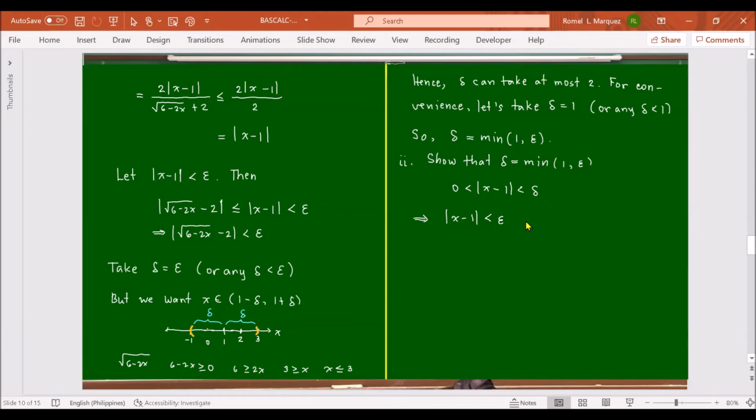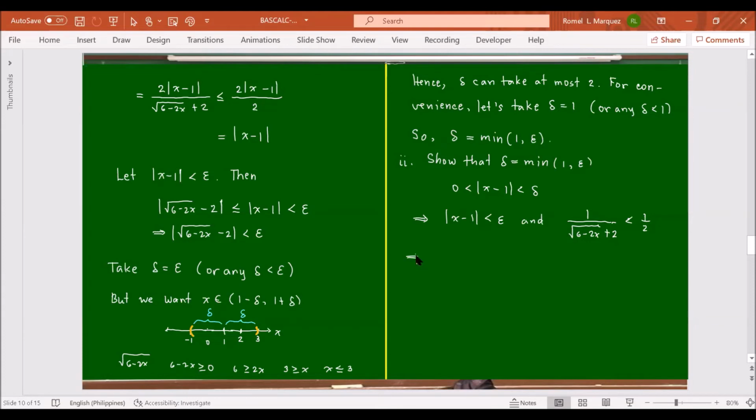And also, I have delta equals 1, which implies that 1 over the square root of 6 minus 2x plus 2 is less than 1/2. The bound for this, no?